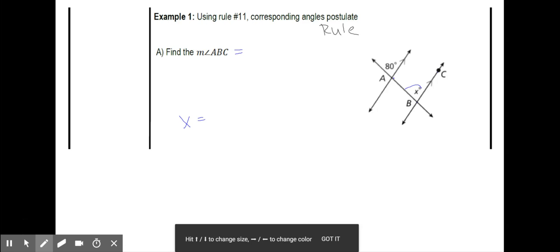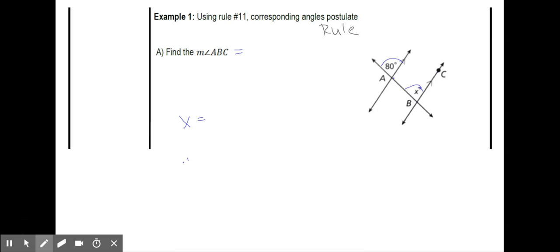So I see that x is a matching corner with 80 degrees and corresponding angles are congruent. We know that by rule number 11, so x is going to equal 80 degrees. But notice we weren't asked to find what x equals. We were asked to find the measure of angle ABC. So the measure of angle ABC is 80 degrees.